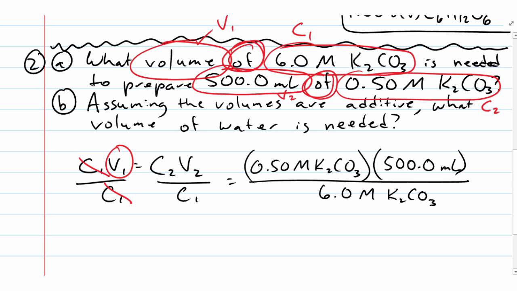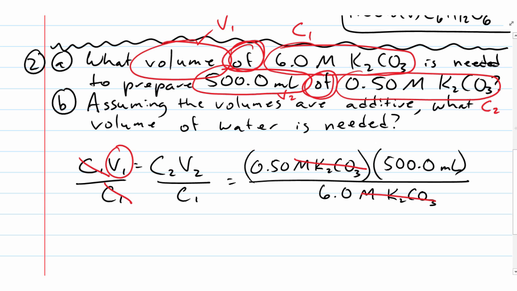Once we get to this point, what happens? Units are going to cancel, and the units specifically of molarity will cancel out. And then we take 0.5, multiply it by 500, and then divide it by 6.